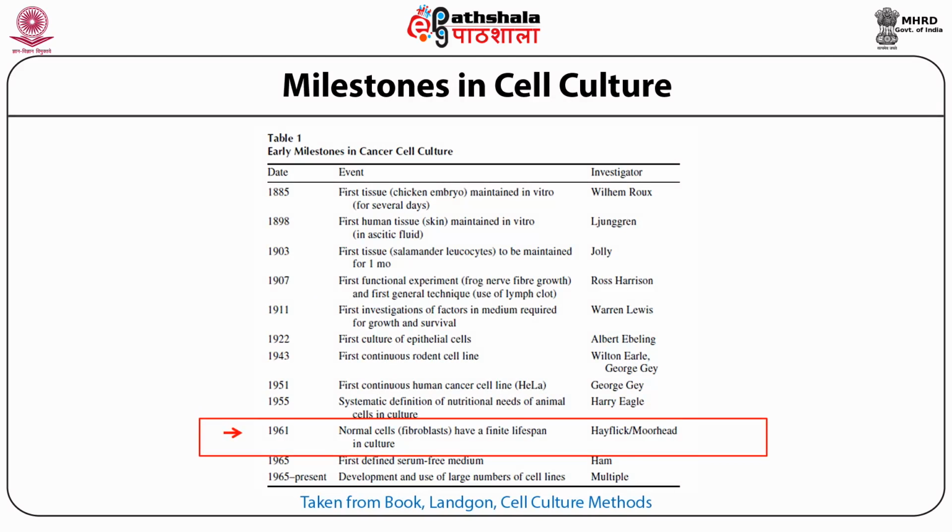Two scientists, namely Hayflick and Moorhead, in 1961 discovered that fibroblasts in in vitro culture conditions grow only finitely. That is, they have a finite lifespan, and after a few passages, they stop dividing. This stopping of division is a phenomenon known as the Hayflick limit, and this is best explained in the next slide.